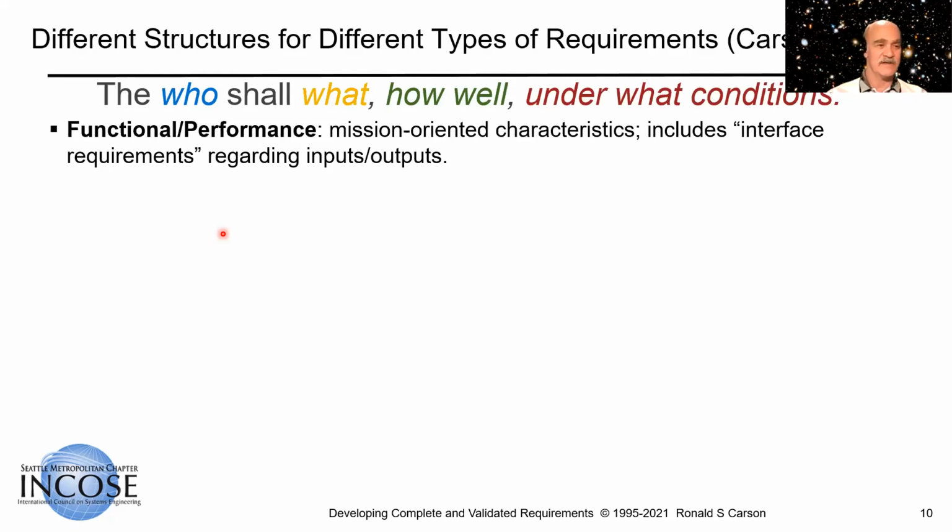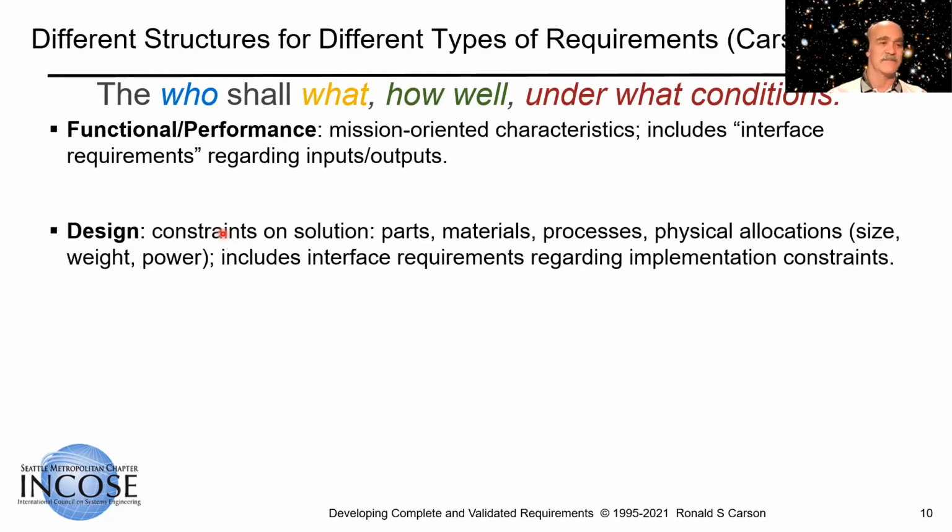This type is predominantly used for mission-oriented characteristics, what we want the system to do, its reason for existence. It also includes interface requirements regarding inputs and outputs, because any valid function must be observable at the boundary of the system by some manifestation, typically some sort of result or output.